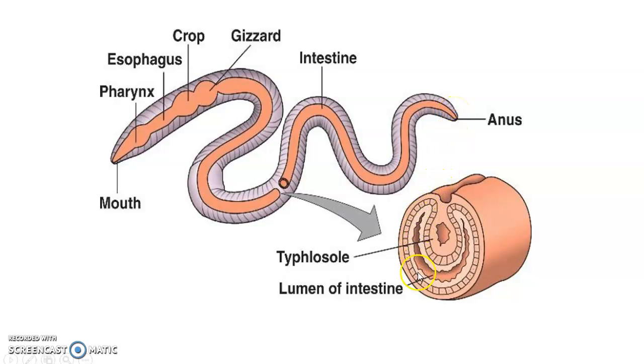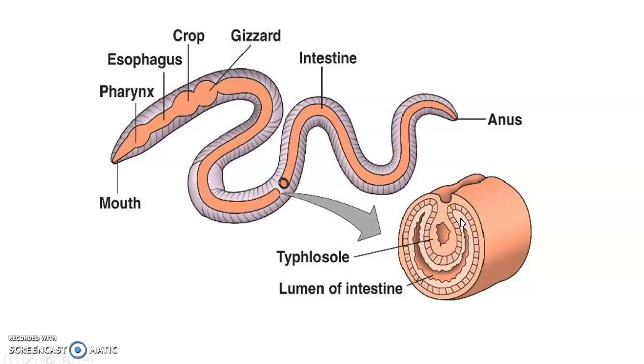One thing I want to point you to, there are a couple extra structures that are found. First of all, if you look at the cross section, the intestine is not actually like the opening of a straw. If you were to envision a straw and cut it in half, you see that you have a nice big opening. The intestine of the earthworm actually has a depression right here, this little indent called the typhlosole.